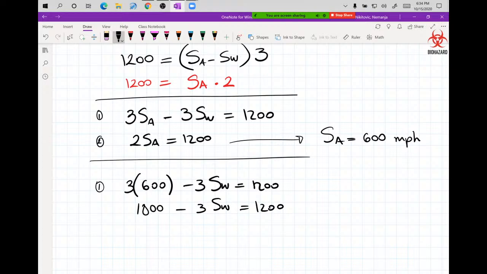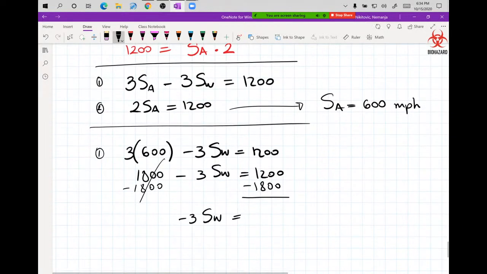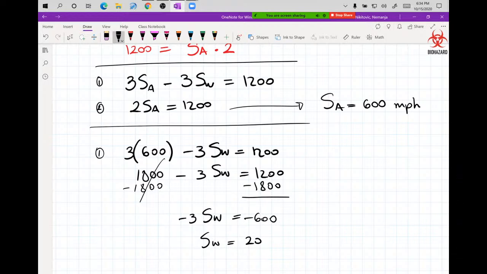This is a really bad problem. These numbers make no sense in the real world, because I'm getting negative 600. I'm getting a 200 mile per hour wind, guys. We freak out when a hurricane hits 160.